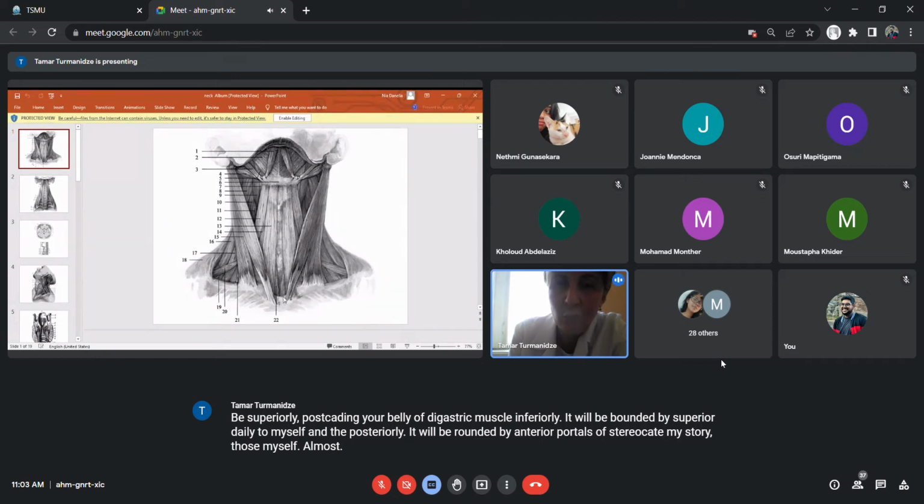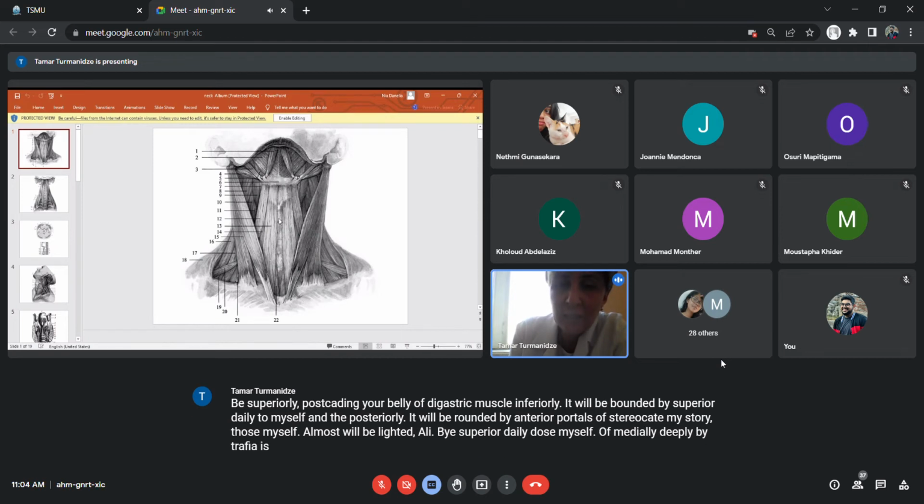Omotracheal triangle borders will be laterally the superior belly of the omohyoid muscle and the anterior border of the sternocleidomastoid muscle. Medially, deeply by the trachea, this triangle is bounded by the midline of the neck.